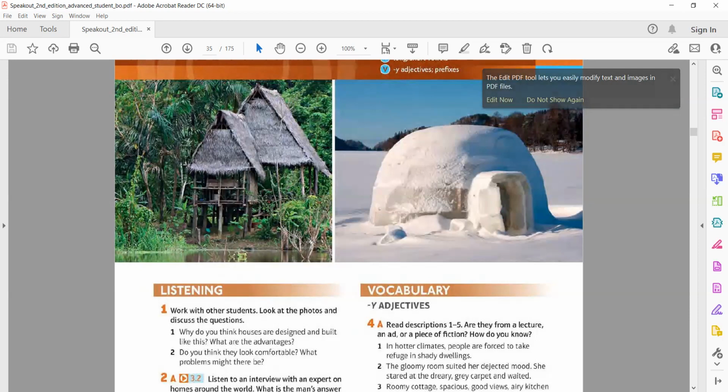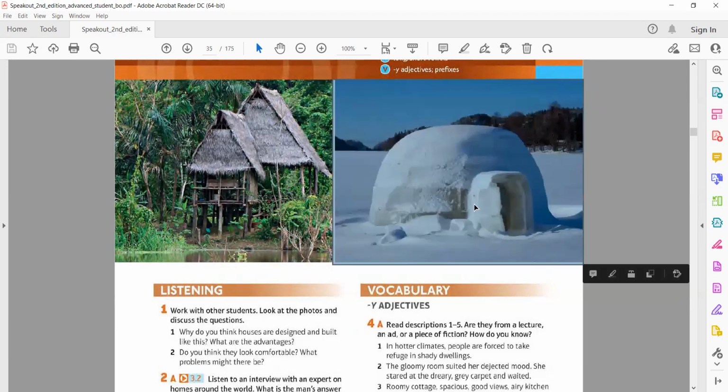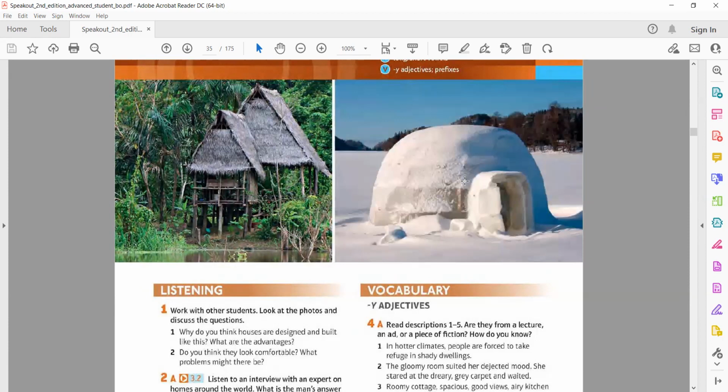I think to adjust with nature. Adjust with nature, maybe. Okay, we understand that, but even the snow one, why would they make it out of snow? What is special about it? If they built it out of stone, even in cold weather like that, what would be different from snow?